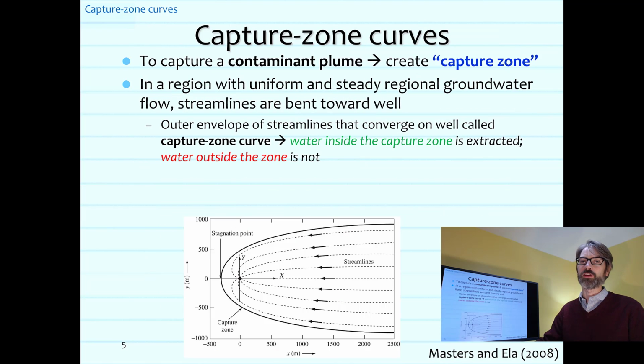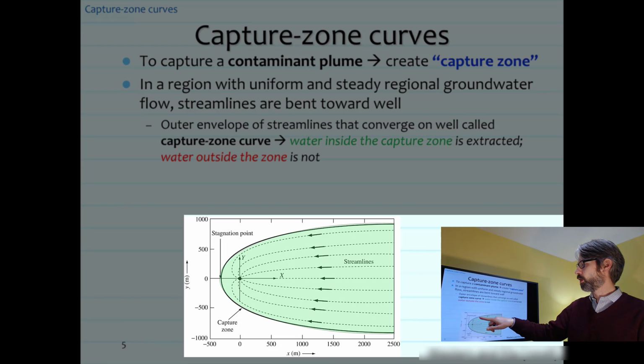To capture a contaminant plume, we create a capture zone. In a region with a uniform and steady regional groundwater flow, streamlines are bent toward the well. The outer envelope of the streamlines that converge on the well is called the capture zone curve.